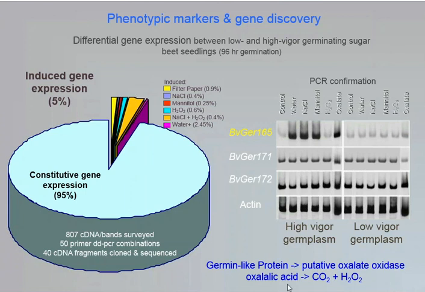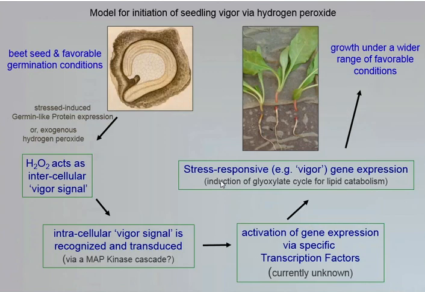Now, oxalate oxidase takes oxalic acid, which is plentiful in the beet seed, and makes carbon dioxide and, lo and behold, hydrogen peroxide. Okay, so this is an association that was made that kind of makes sense, but we don't have any serious proof for that. But here's sort of a model then.